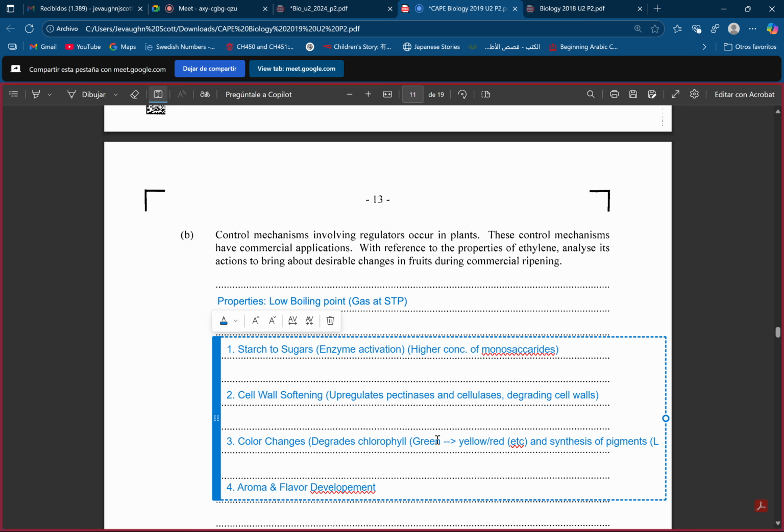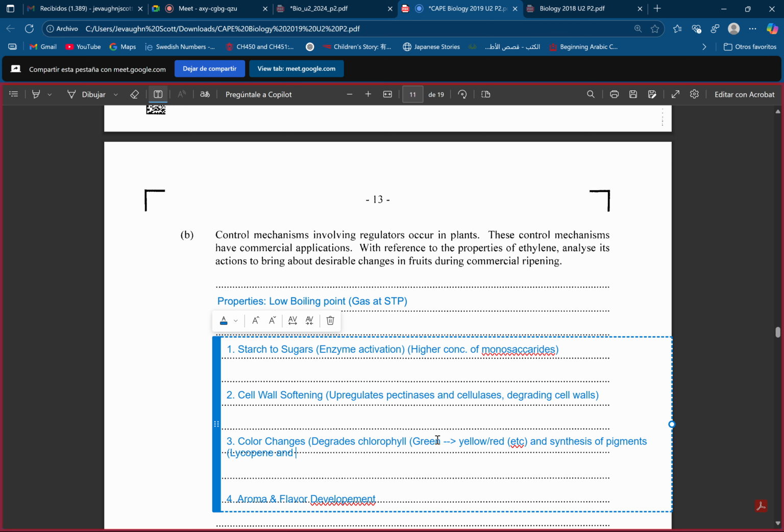So look at the lycopene and carotenoids. All right. For the flavor, as I said, it's going to be stimulating the volatile compounds.